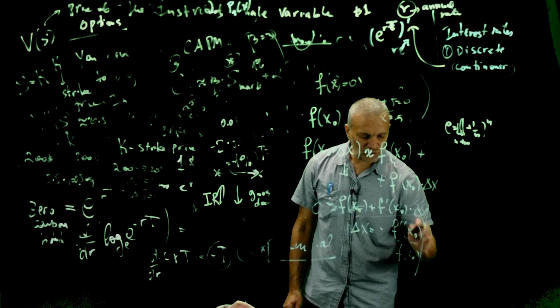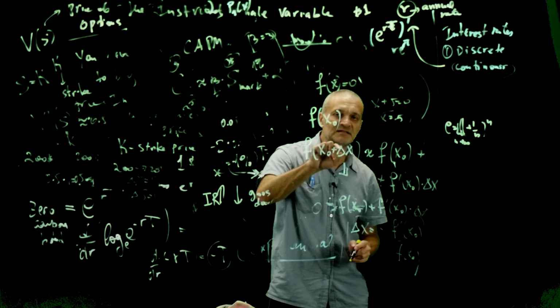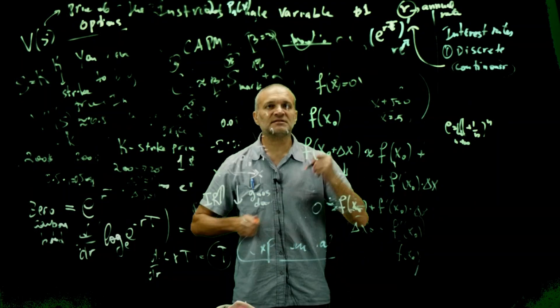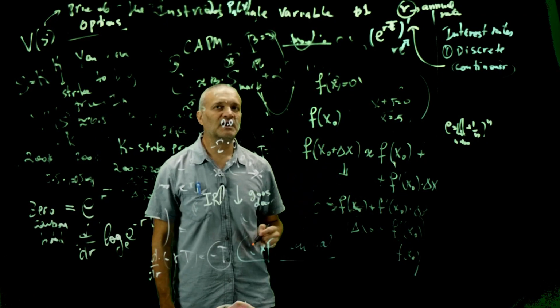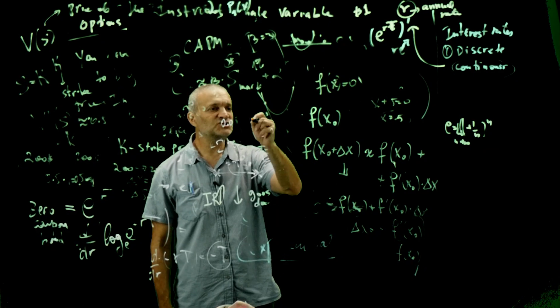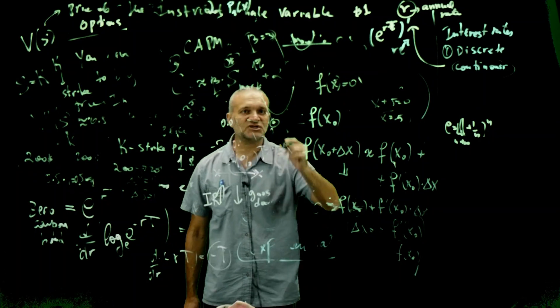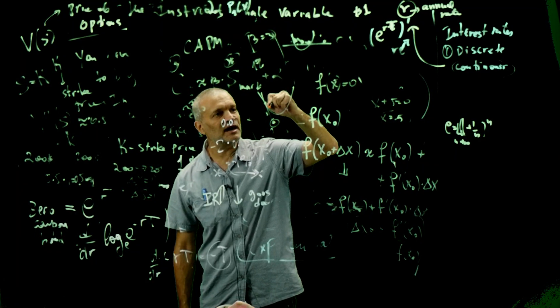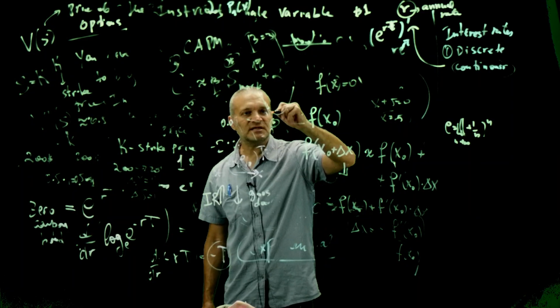So you want to take this x0 and move it by delta x. Geometrically, if you have a graph and this is your tangent, you're going to find this point where you have the tangent intersection, and then you move this guy to this point. That's the idea.